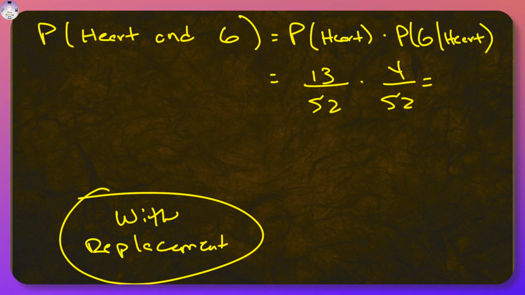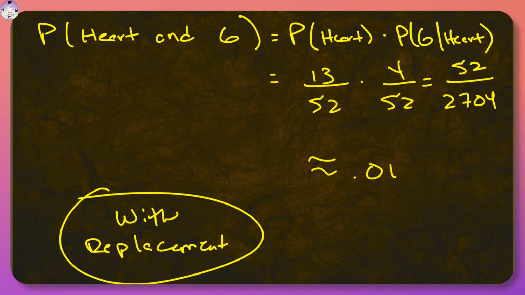So 13 times 4, over 52 squared. It's 2704, I think. So when I take 52 and divide by 2704, it's about 0.019.